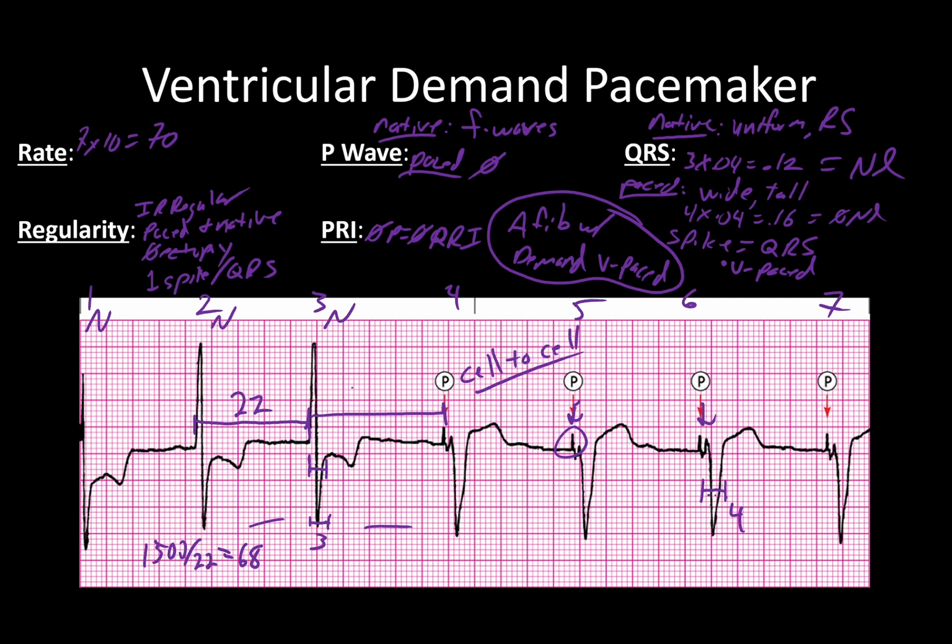You've got a rate of about 26. And that comes out to about 58. And then if you measure between these here, you get 25. And what this tells us is that the pacemaker is set so that if the patient's heart rate drops below 60, it'll kick in and help keep that rate at that speed if necessary. And that's the whole point of the pacemaker.